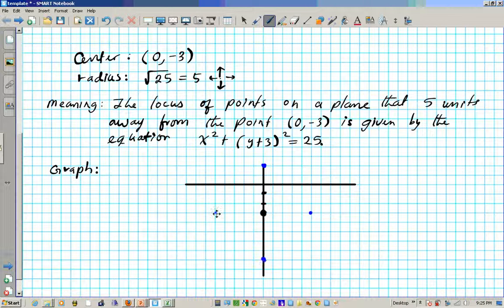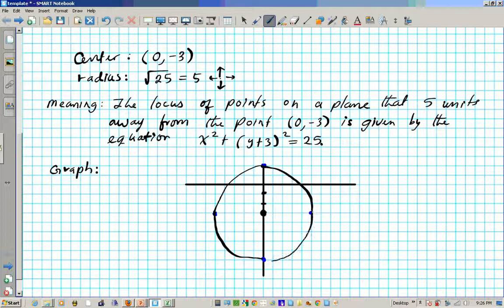There go your points, and basically we're going to connect the dots and make ourselves a circle. Just try to make a circle as best as you can. It's just a sketch of a circle.